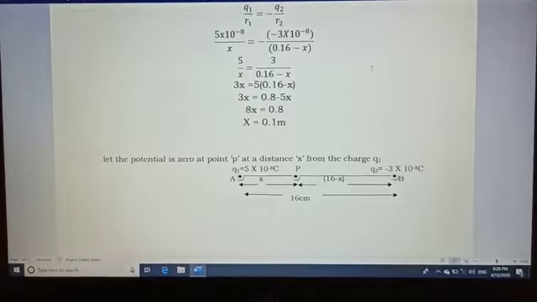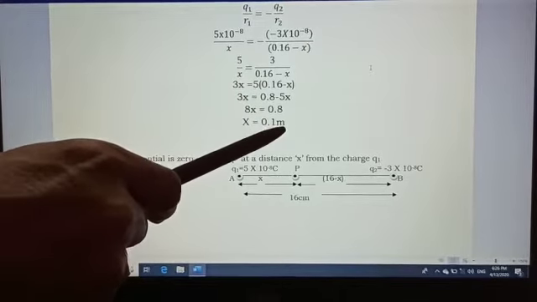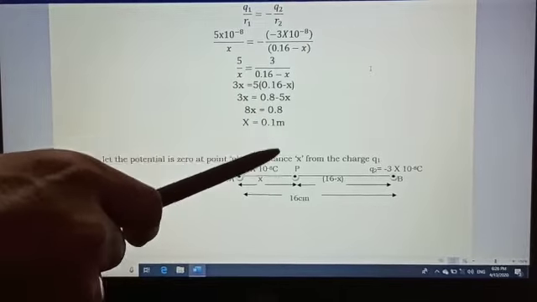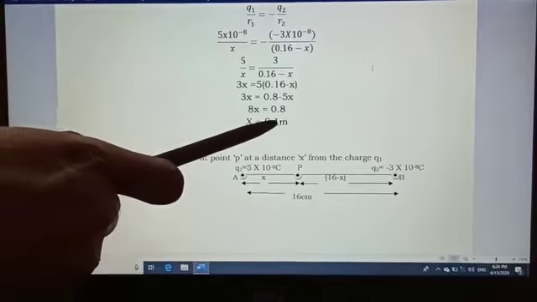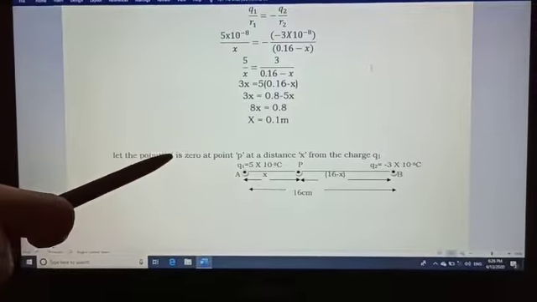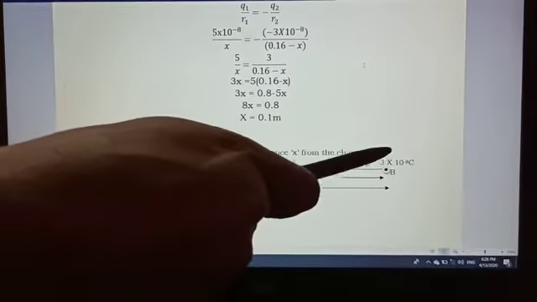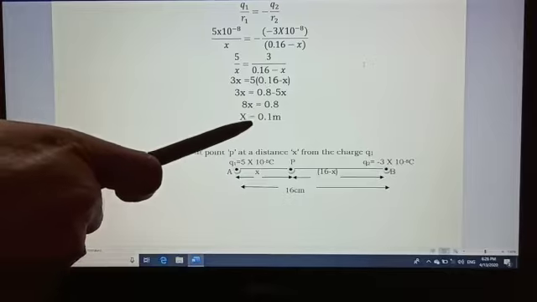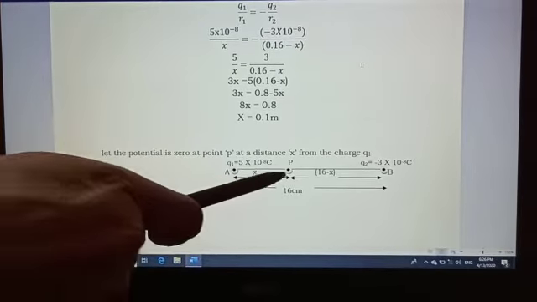What we will get is x equal to 0.1 meter. I am just converting the 16 centimeter into meter. So x is 0.1 meter. The potential is 0 at P at the distance x from the charge Q1, and x is equal to 0.1 meter.